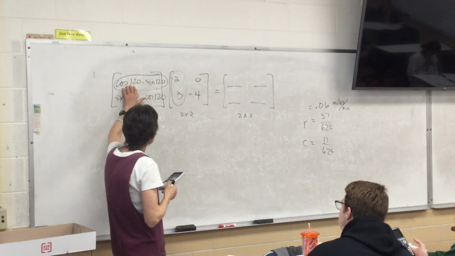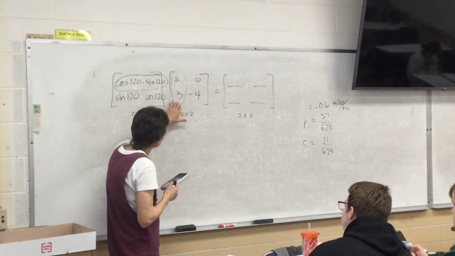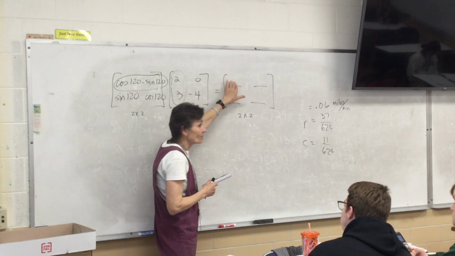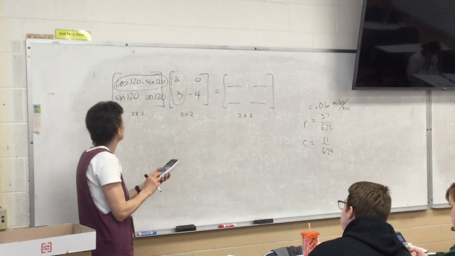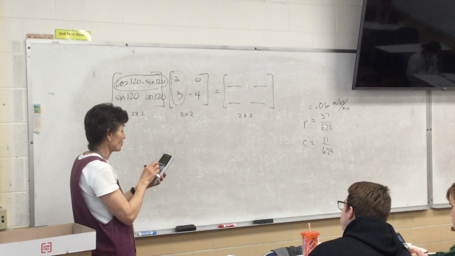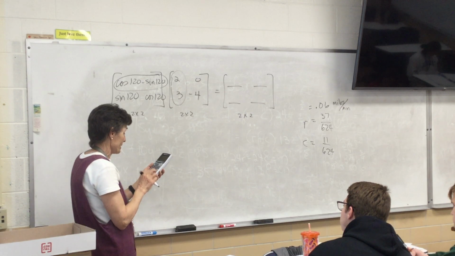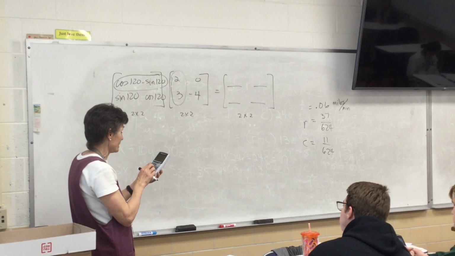So I take cosine 120 times 2 and negative sine 120 times 3, add them together, and that's what goes there. So 2 cosine 120, oops, better make sure I'm in degrees, I am. Minus 3 sine 120.